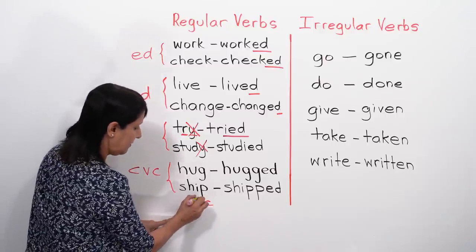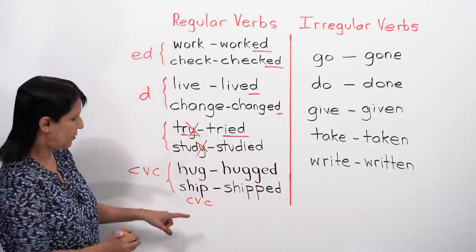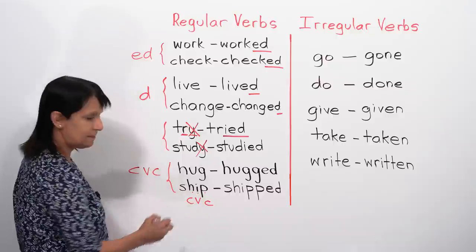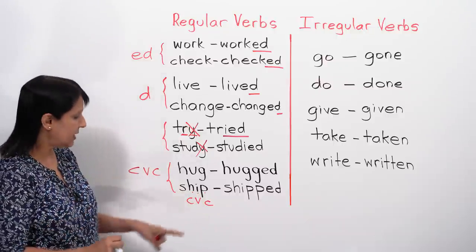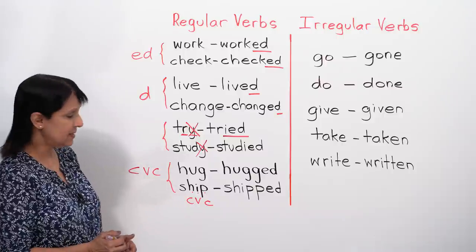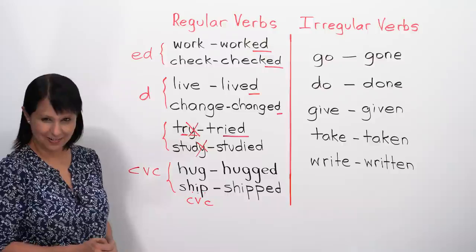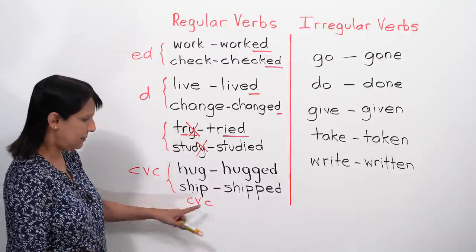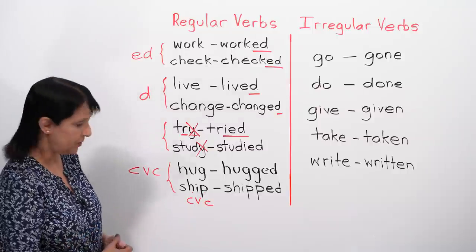Then we have a vowel and then another C for consonant, right? CVC. So when you see a verb like that, when we look at it from the end and it has this pattern, then you double the last letter. So ship becomes shipped. They will have shipped your order, right?